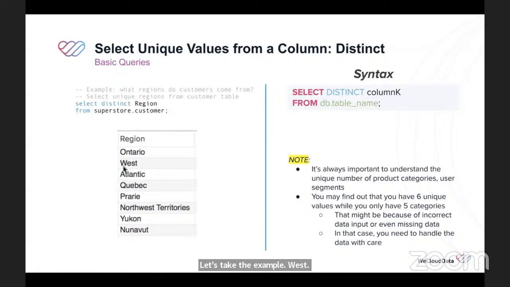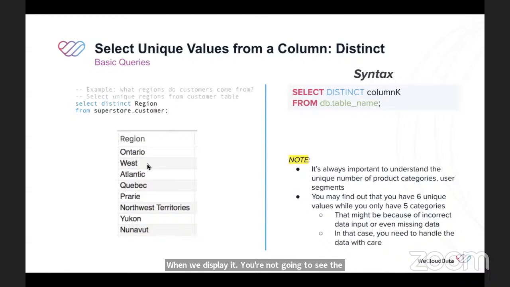Most of the time, you are expecting the region to only have the 4 letters, W-E-S-T for West. Okay? And when you display it, you're going to see West. However, sometimes, maybe when you're entering the data, right, you accidentally added a space at the end. So technically, there's 5 characters, W-E-S-T and the space. But when you display it, you're not going to see the space because it's a white space.